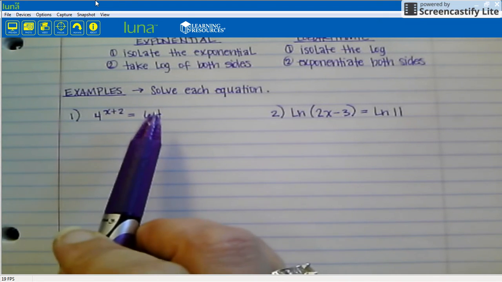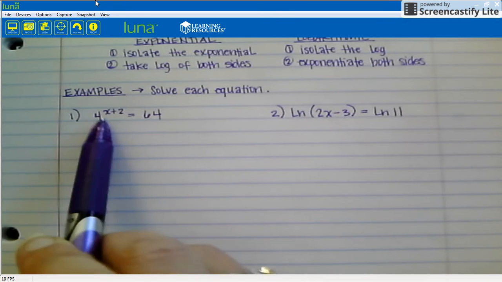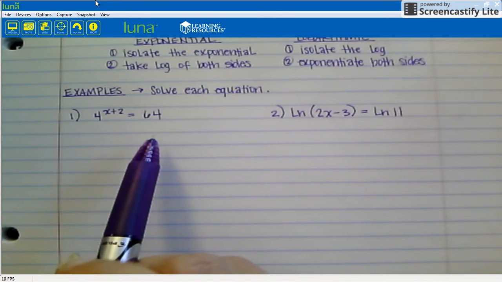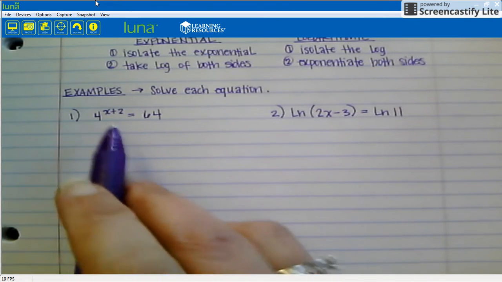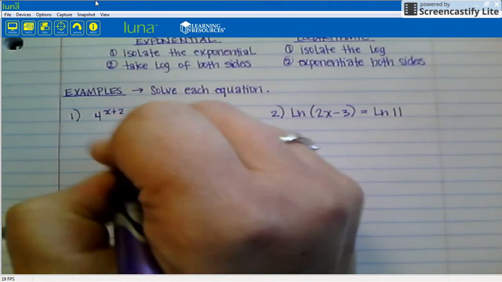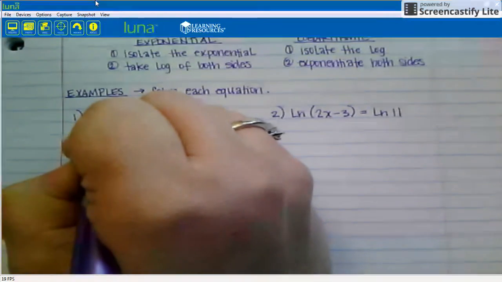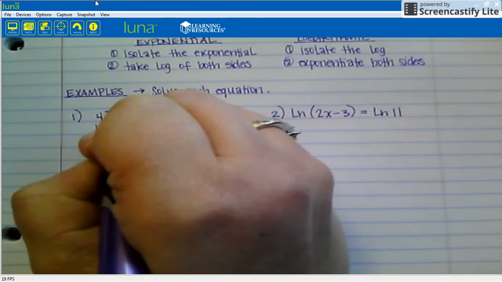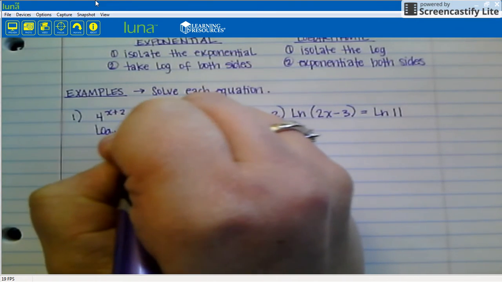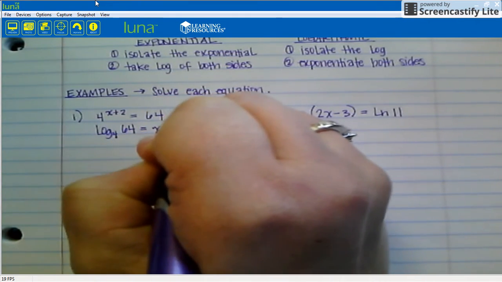In this case, that's true. So then I'm going to rewrite both sides as a logarithm. And so what that looks like is I'm going to have log base 4 of 64 is equal to x plus 2.